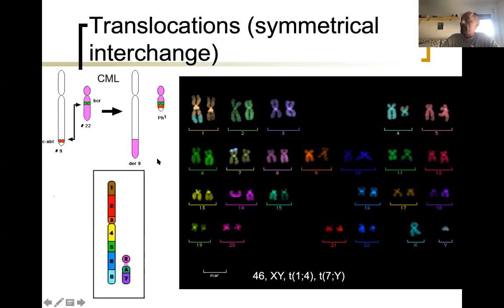One of the most famous translocations, which is somehow represented also here, is the so-called Philadelphia chromosome translocation, which is responsible for chronic myeloid leukemia. In chronic myeloid leukemia, you have a translocation between chromosome 9 and chromosome 22.